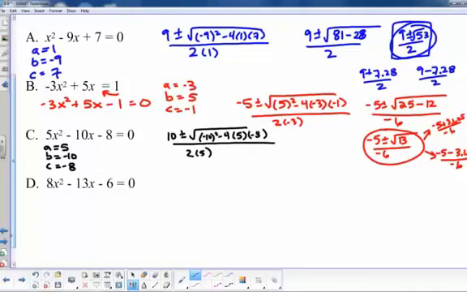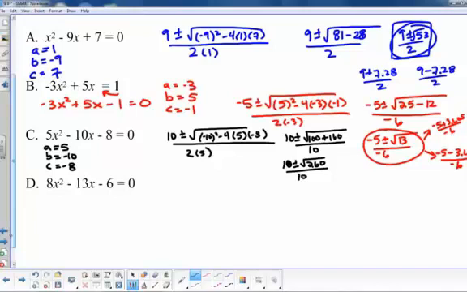So 10 plus or minus 100 plus 4 times 5 is 20. 20 times 8 is 160 divided by 10. So that's 10 plus or minus square root of 260 divided by 10.